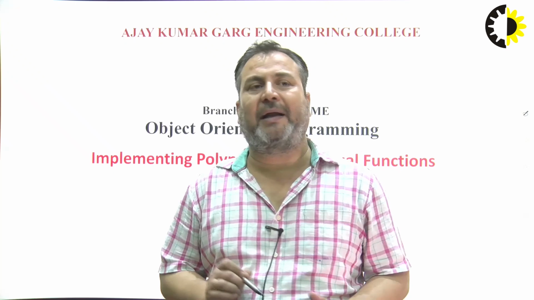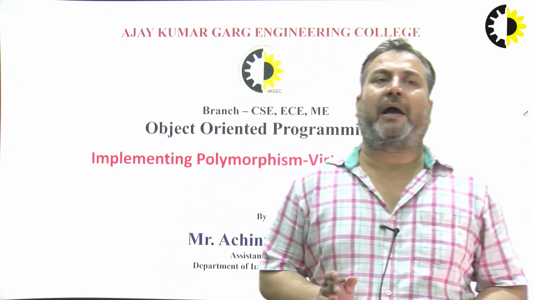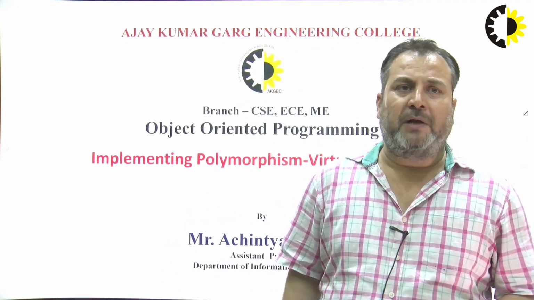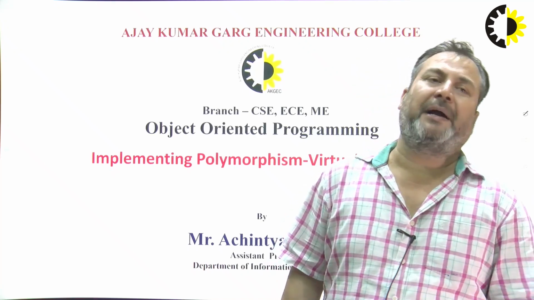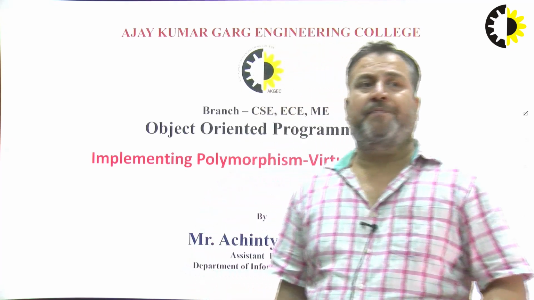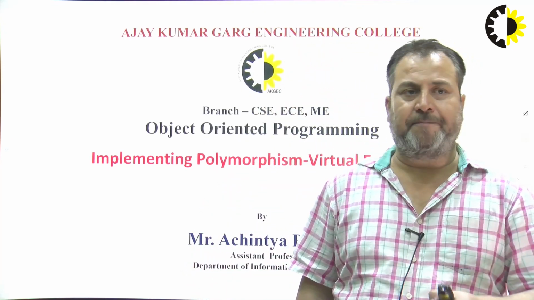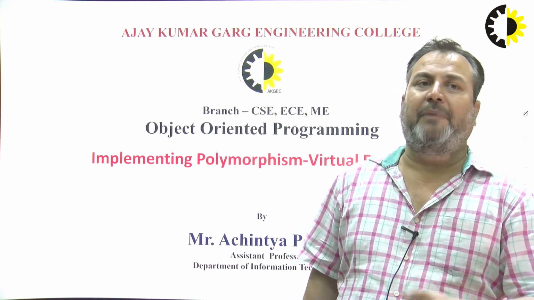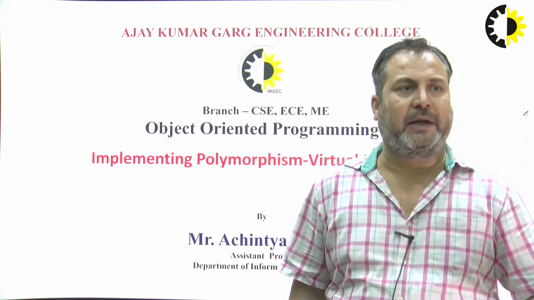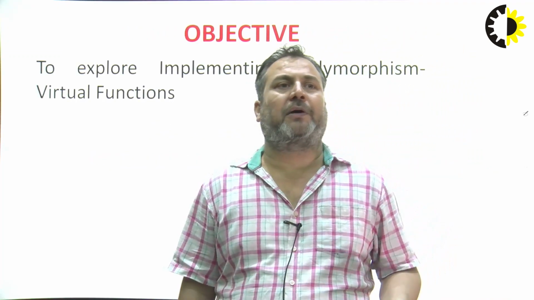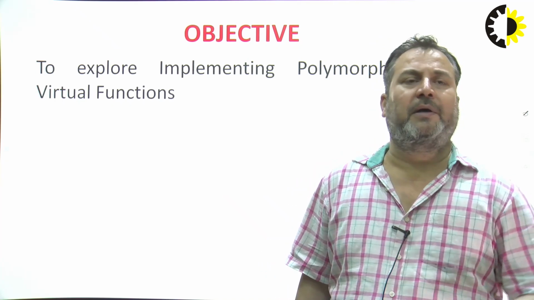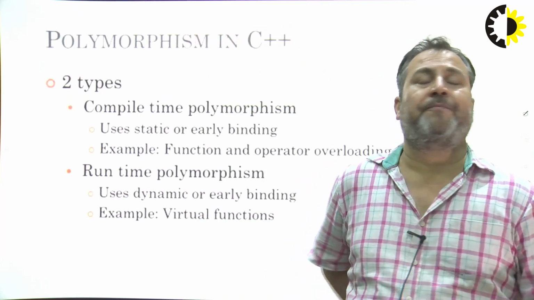Compile time polymorphism can be achieved by function overloading. So basically, function overloading is a technique which implements compile time polymorphism. Similarly, function overriding and basically the virtual function is a technique by which we can implement runtime polymorphism. Here we will explore polymorphism and we will see the virtual function.